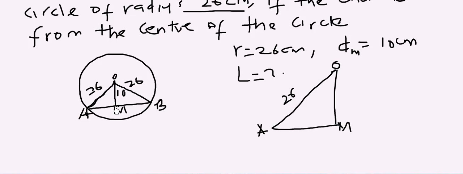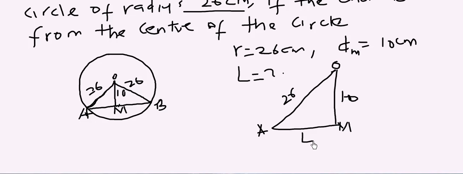OM here is 10 cm. We're actually looking at how we can find AB, the length of the chord. But we have to find AM first of all, AM to the midpoint here. So AM, which is half the length of the chord, is unknown.